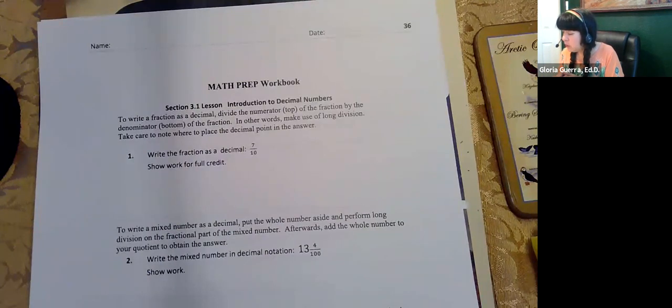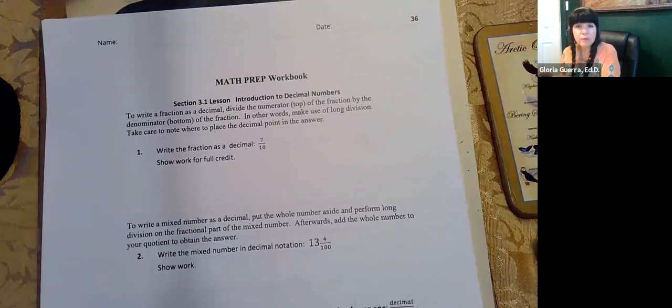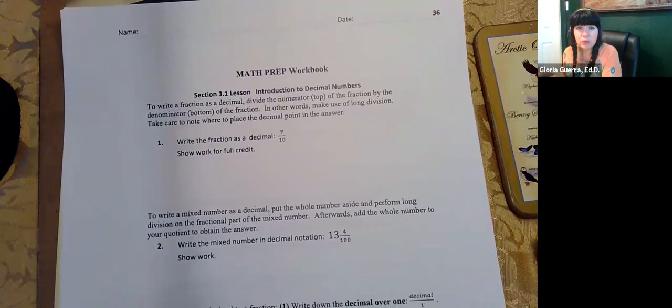In other words, make use of long division, and take care to note where to place the decimal point in your answer. So we want to write the fraction 7/10 as a decimal, and they want you to show your work for full credit.